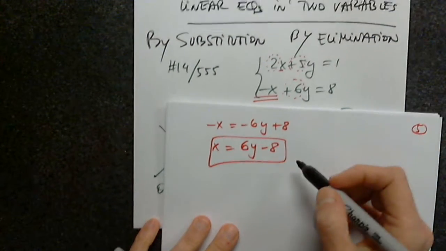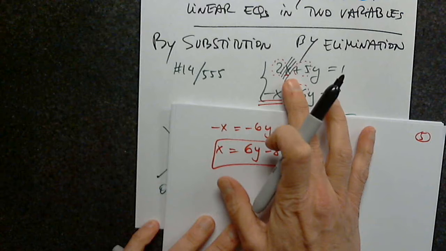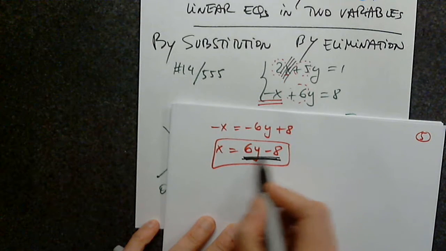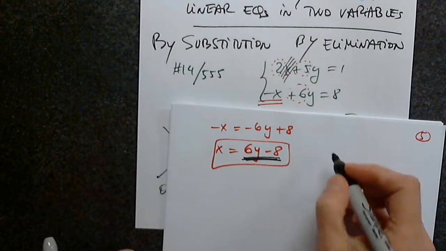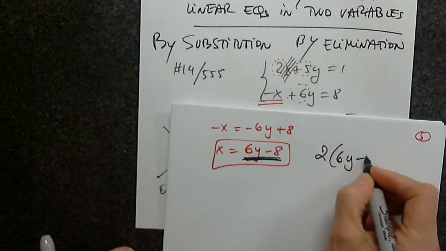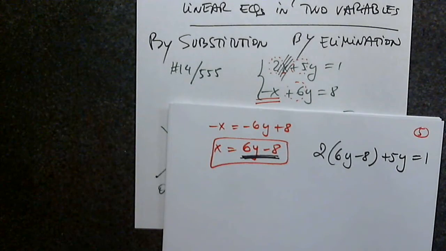Now, I will replace x in the first equation by what I just determined from the second one. I determined that x equals 6y minus 8. So I will go back from the second equation to the first equation and replace it in here. So this is then 2 multiplied by (6y minus 8) plus 5y equals 1.